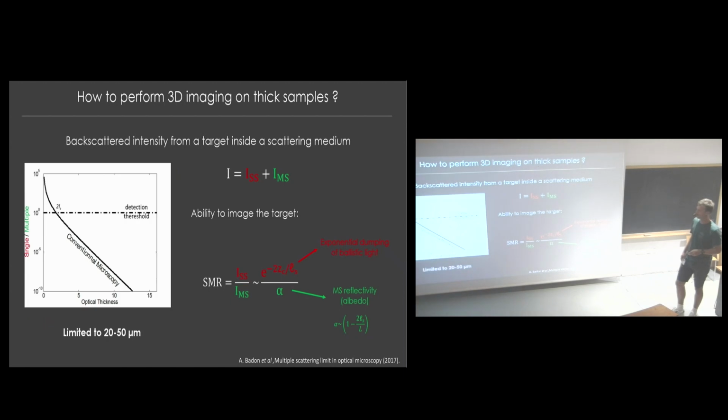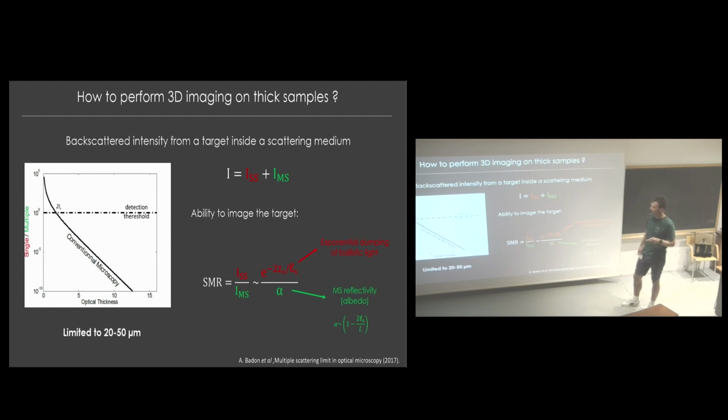And so at the end, if you compute this single to multiple ratio as a function of the optical thickness, which is this distance, then you see that you have an exponential decrease. And so if you put your detection threshold at 1 for this ratio, you see that very quickly multiple scattering is dominant. And then you don't see your target anymore.